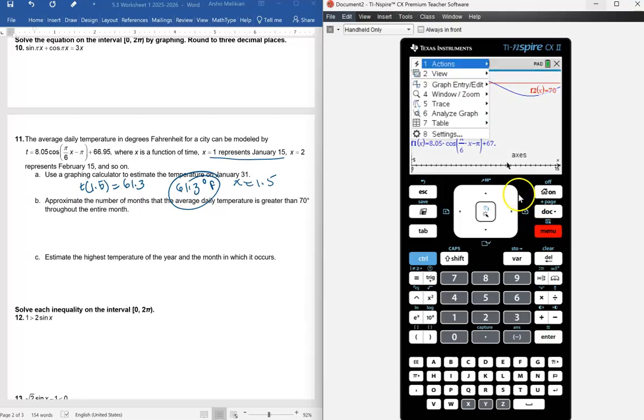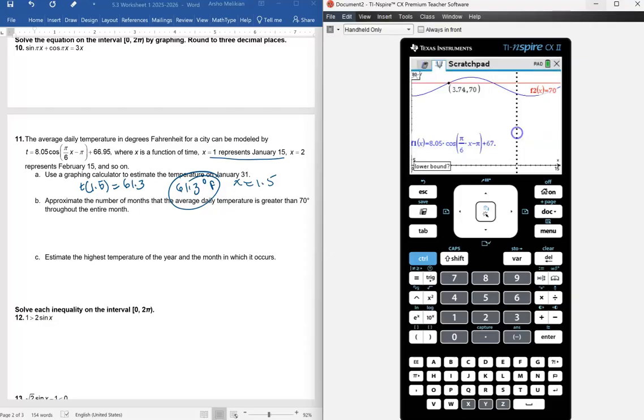So menu, analyze graph, intersection here. And then I'm going to do it again for the other point. Menu, analyze graph, intersection here. So my intersections are 3.7470 and 8.2670.